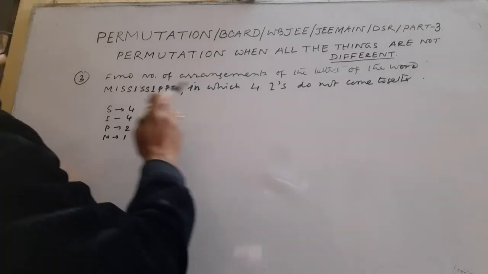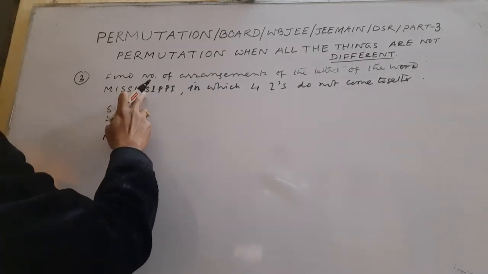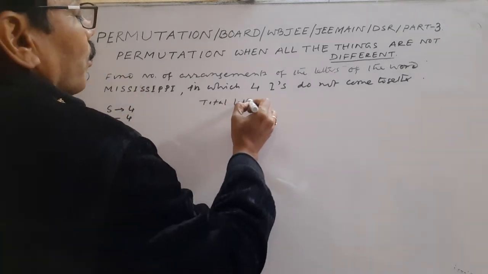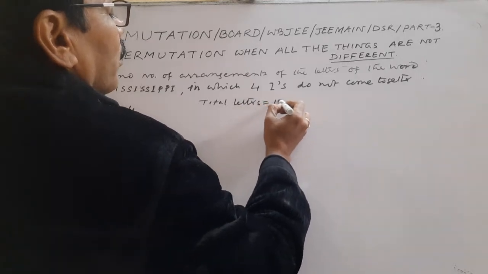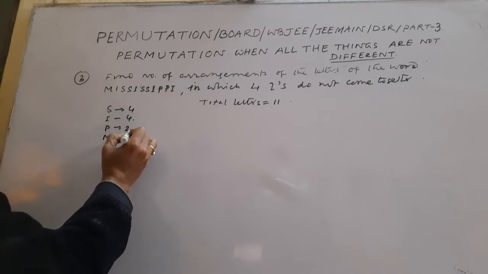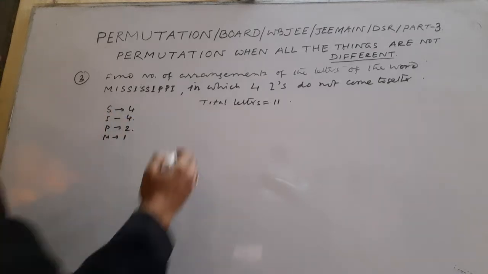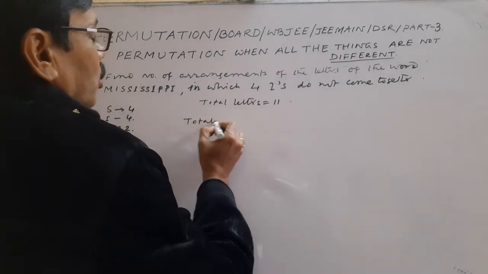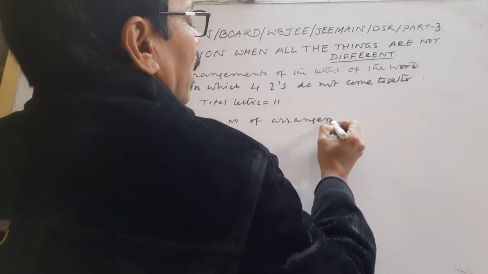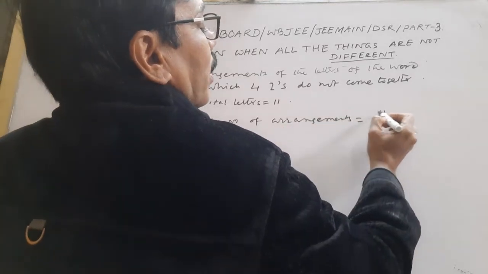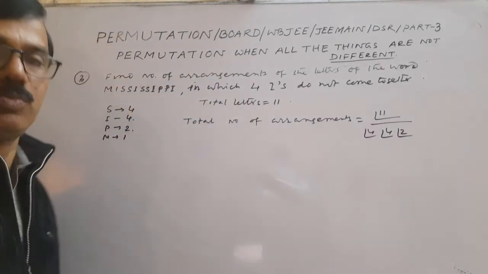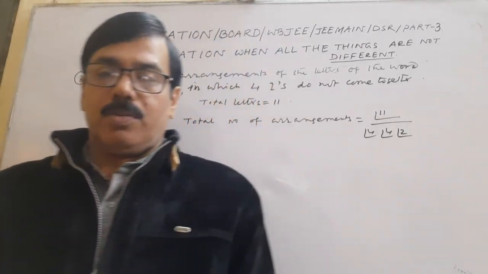So total letters: 1, 2, 3, 4, 5, 6, 7, 8, 9, 10, 11. So total letters equals 11: 4 S's, 4 I's, 2 P's and 1 M. So the total number of arrangements without any restriction equals factorial 11 by factorial 4, factorial 4, factorial 2. This is the total number of arrangements.